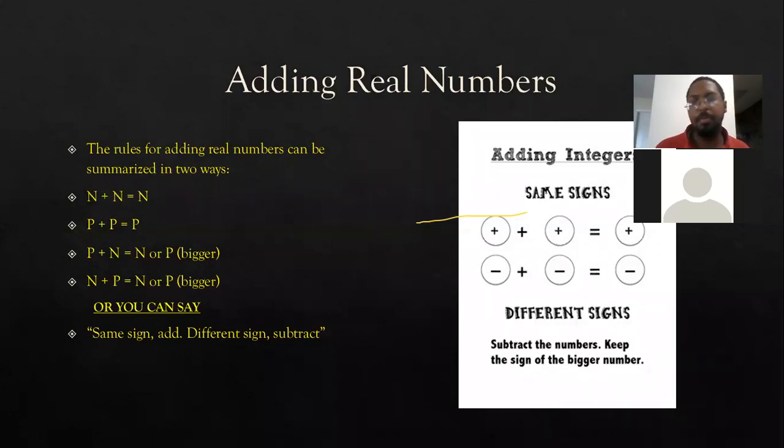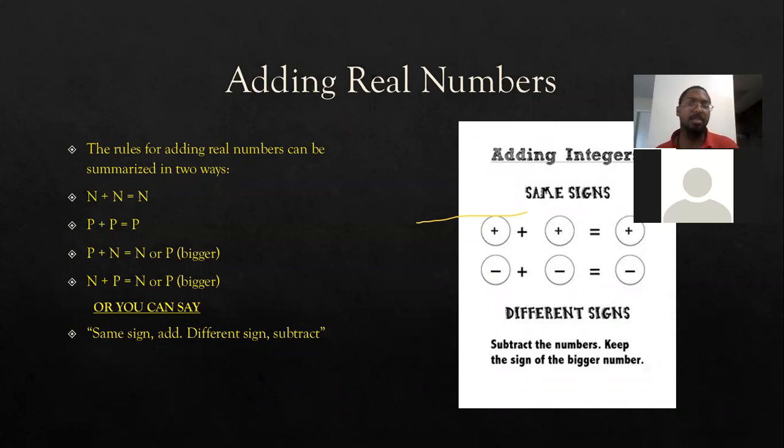So when we add numbers together, the basic rule is if you have two negatives, it stays negative. If you have two positives, it stays positive. So a positive is a positive is a positive.